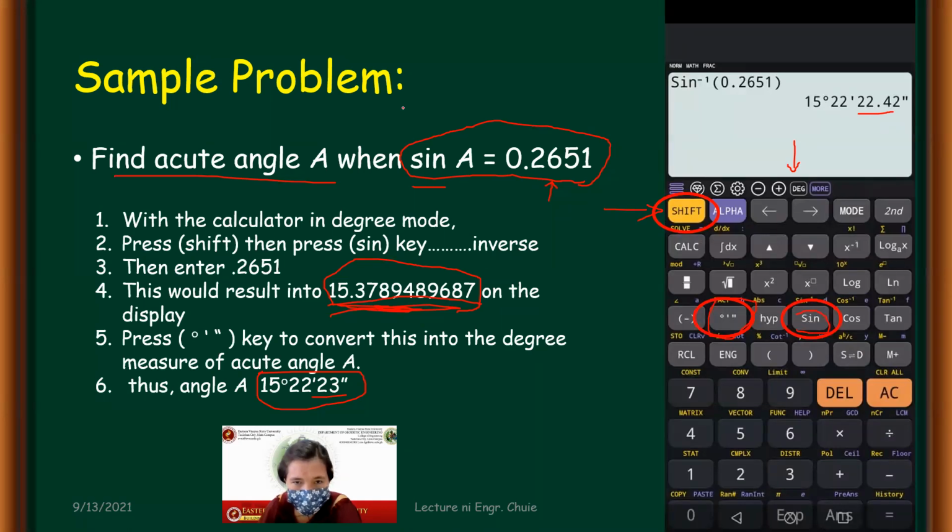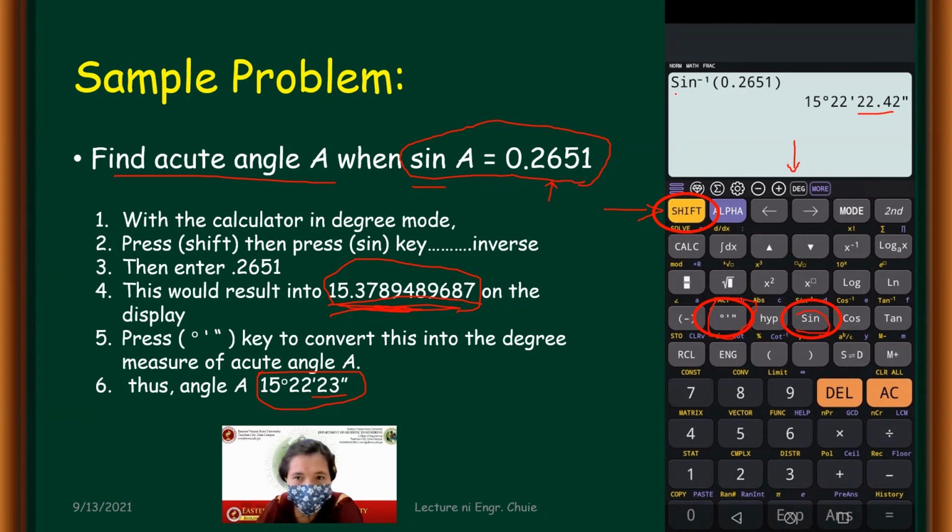Alright, question from Ma'am, kay ano may negative? So that is not a negative, that is the inverse sine of a function. Since sine A is equal to 0.2651, sa trigo table, yung 0.2651 is makikita mo sa trigo table. The equivalent of this value, you need to take the inverse of this value.